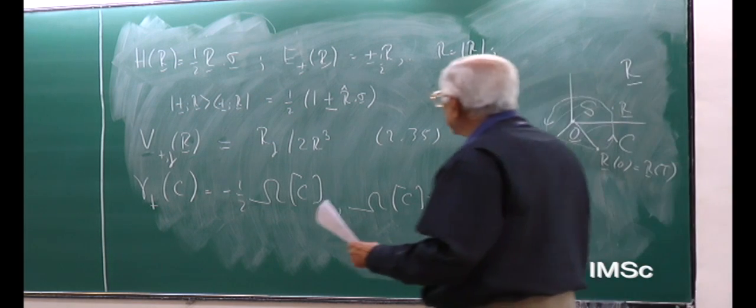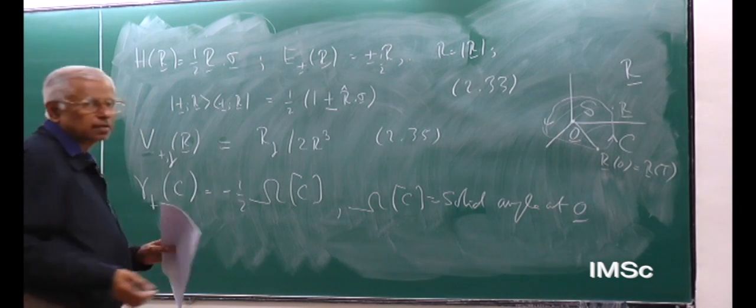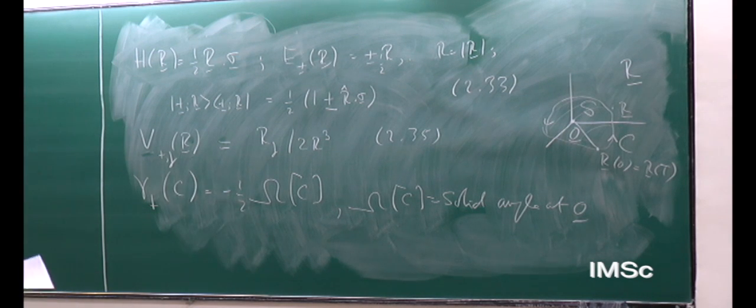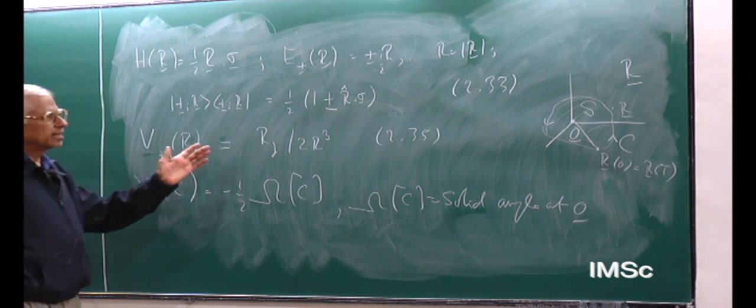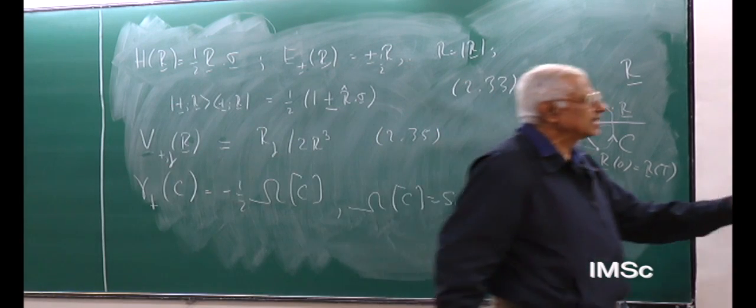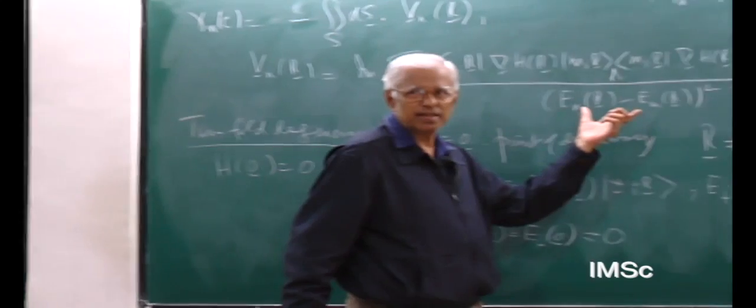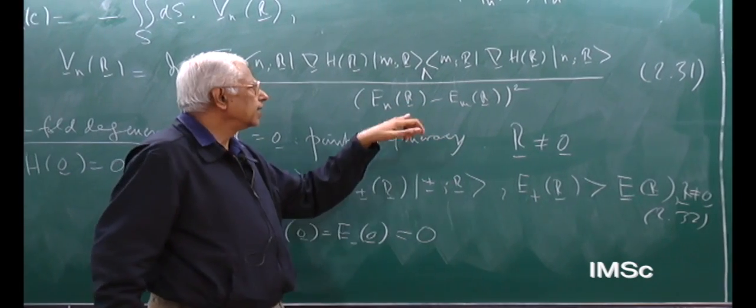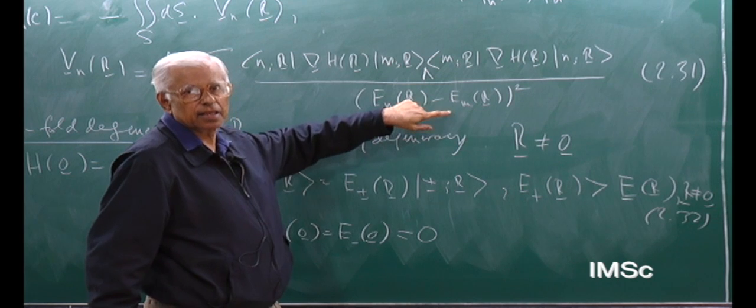Why is this degeneracy, what role is played by degeneracy? The role is played by degeneracy in the sense of this energy denominator, the square of the difference of energies in the denominator. This vanishes at the origin.